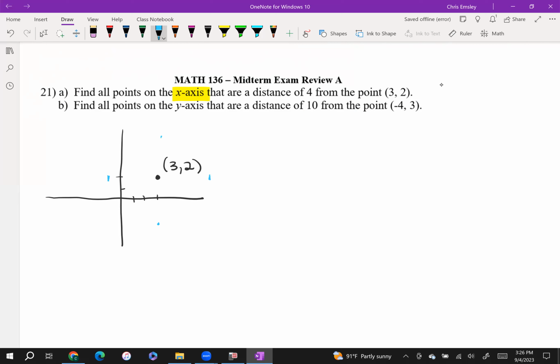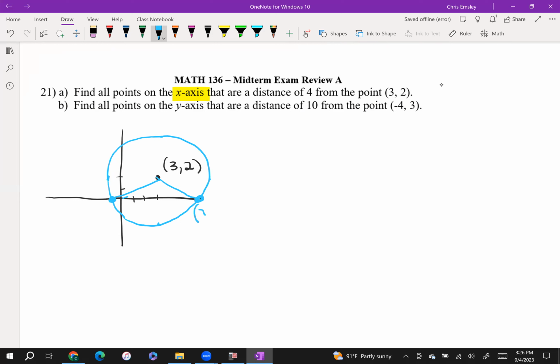All the points that are 4 units away from that point would make a circle, right? We could go 4 units in any direction. That's roughly a circle, okay? But we're not interested in that whole circle. We are only interested in the points that fall on the x-axis, which would be this one right here and this one right here. So there are 2 of them. Either one of these we can represent.